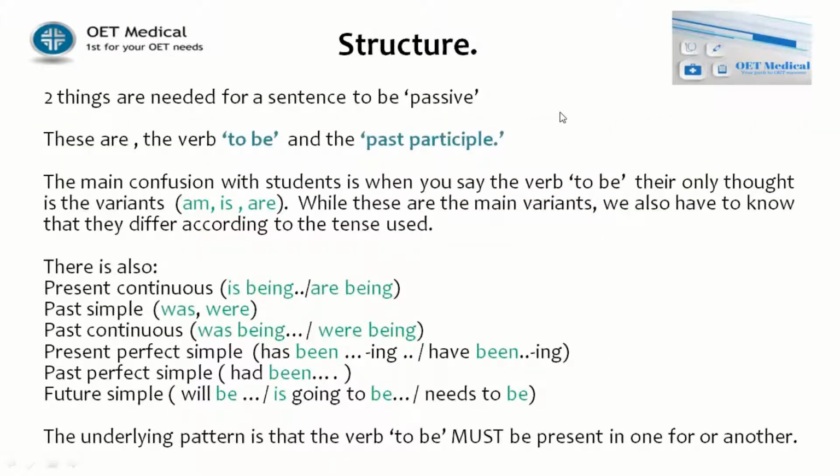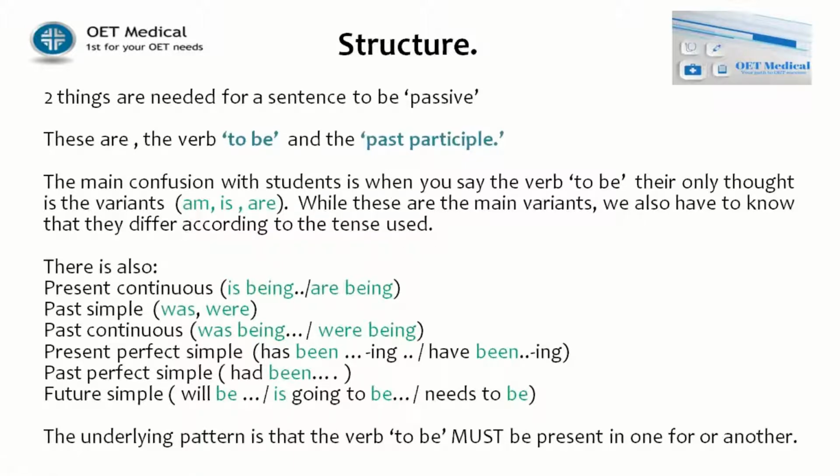Okay, now the structure. Two things are needed for a sentence to be passive. These are the verb to be and the past participle. The main confusion with students is when you say to them the verb to be, their only thought is the variants am, is, are. While these are the main variants, we also know that they differ according to the tense used.